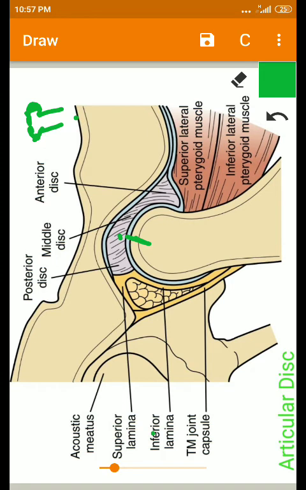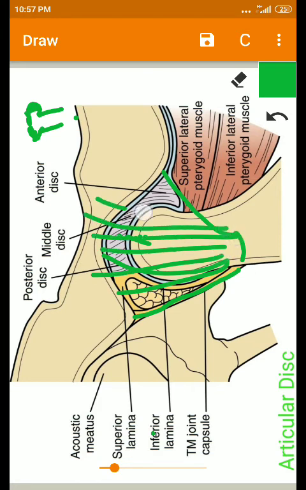So it is getting some support on the medial and lateral side, but it is not attached to the joint capsule medially or laterally. Every synovial joint is covered by a joint capsule. Here you can see the joint capsule. Normally it is covered like this, and the disc is placed inside.